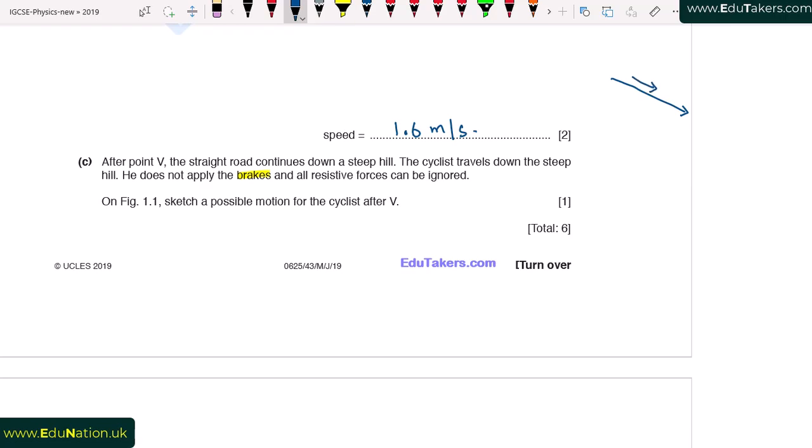So we can see that the height goes on decreasing. As height decreases, the potential energy also decreases, because potential energy is equal to mgh. It depends upon height.